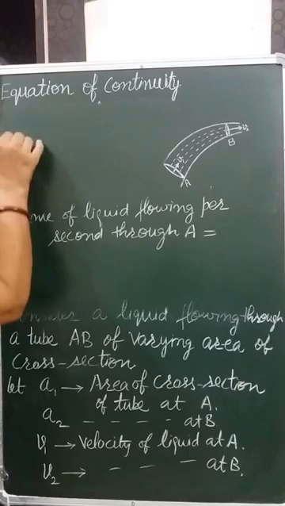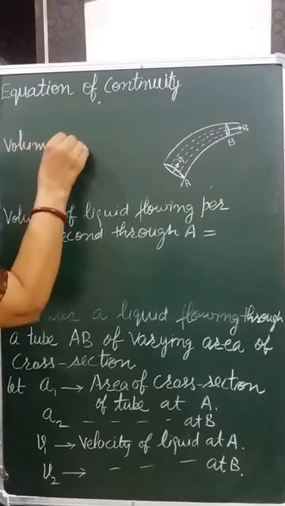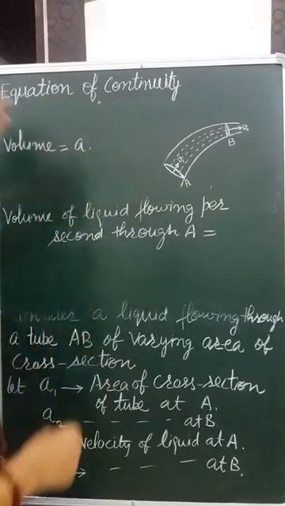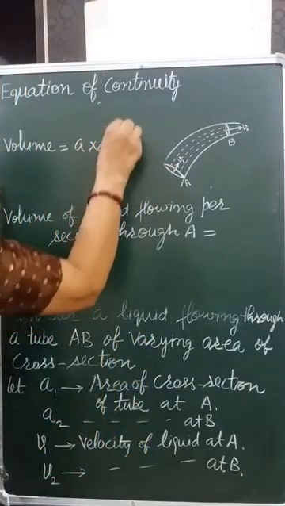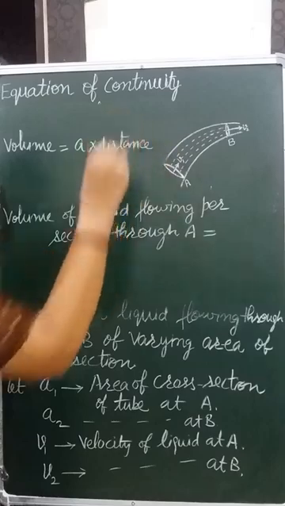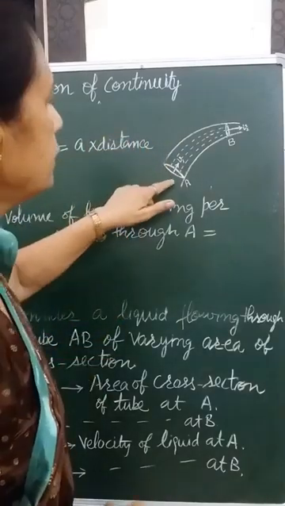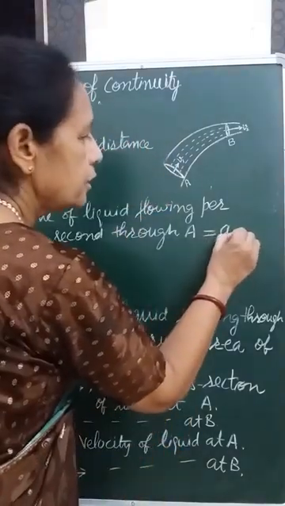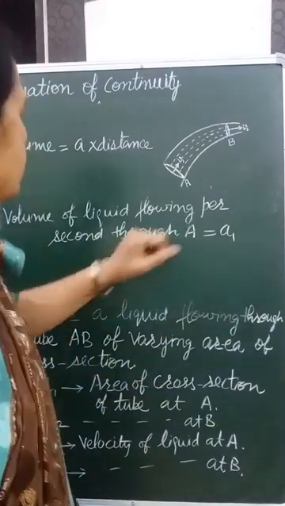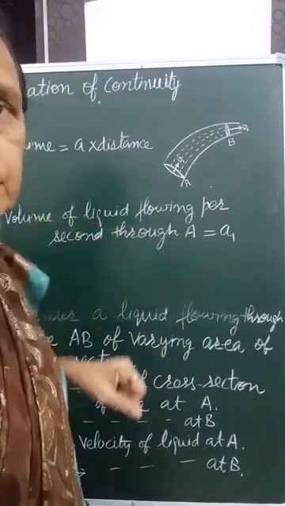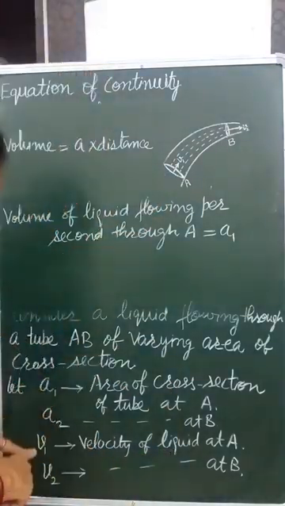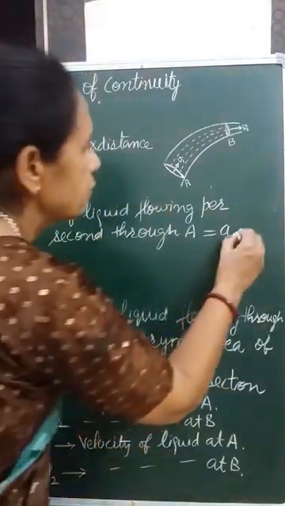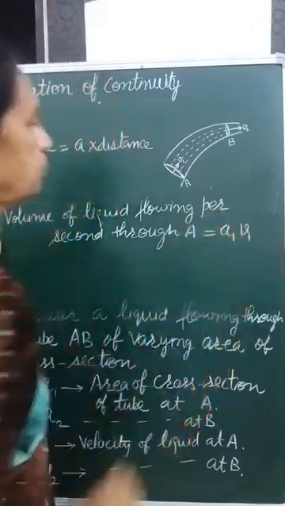Volume किसके बराबर होगा? Area of cross section into distance traveled by the liquid. Well, here the area of cross section is A1. How much is the distance traveled in 1 second? Distance traveled in 1 second is called velocity, which is V1.